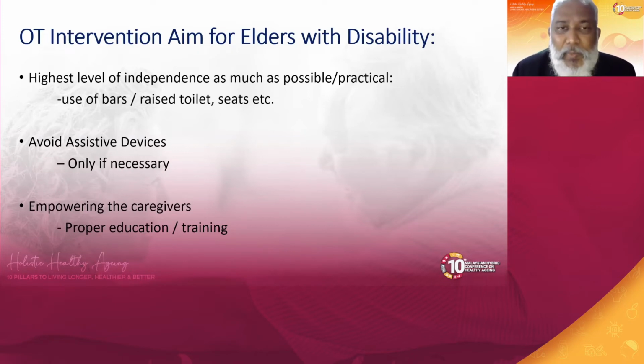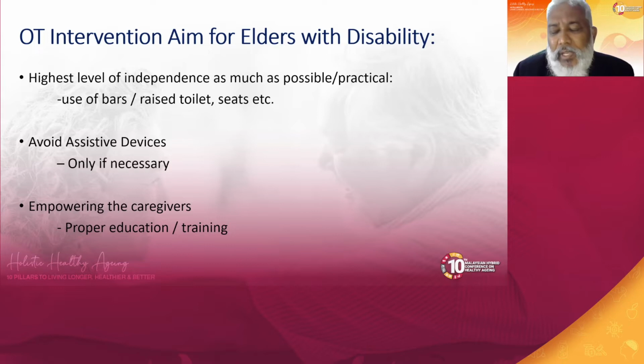As an occupational therapist, what is our main aim for elders with disability? Our aim is to achieve the highest level of independence as much as possible or as practical. Whether it's using grab bars, raised toilets or seats, or anything that can improve their functional performance in their own environment.